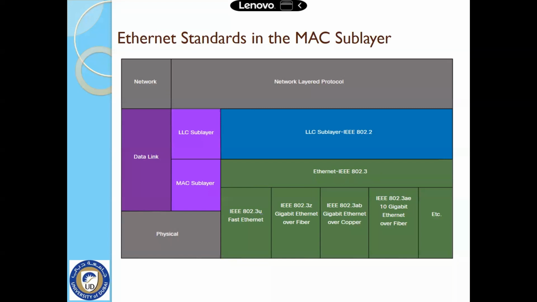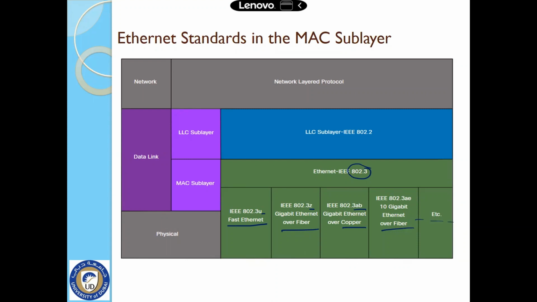If it's the letter U, that means it's fast Ethernet. We don't have to memorize it, but it tells you how to differentiate between different technologies. If it's Z, that's gigabit Ethernet over fiber. AB is gigabit Ethernet over copper. AE is 10 gigabit Ethernet over fiber, so it's faster, and so on. They all fall under the same family, but the variations start with letters like A, B, C, or the letter U, for example.